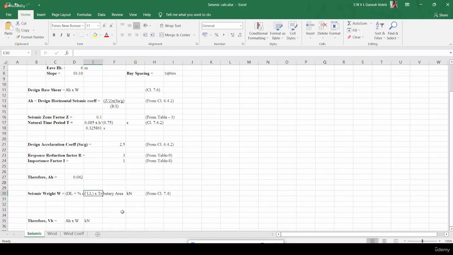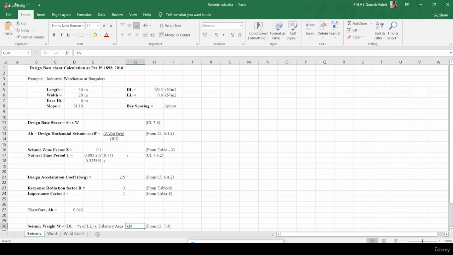So why have I mentioned tributary area here? Seismic weight is a force or a load, which should be in kilonewtons only. Whereas our dead load and live load are in kilonewton per meter square, right? So these are areal loads. If the unit of the load is kilonewton, we can call it a point load or concentrated load.